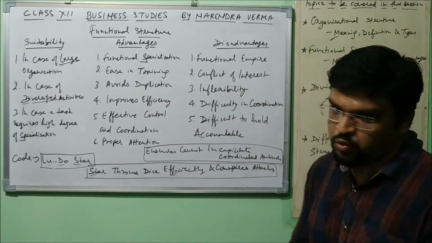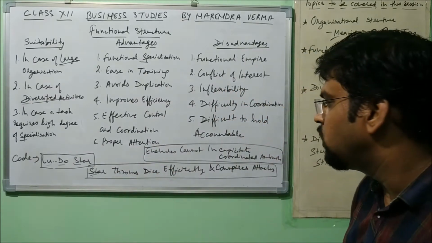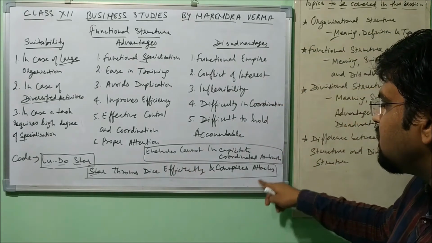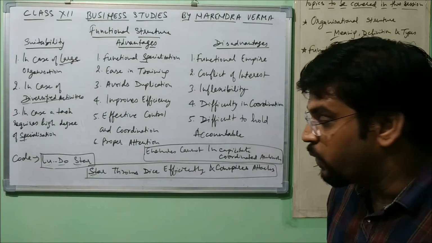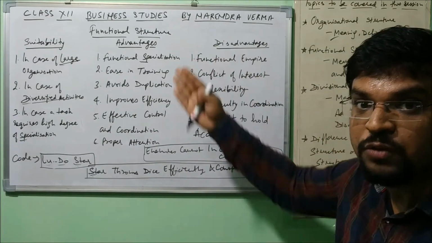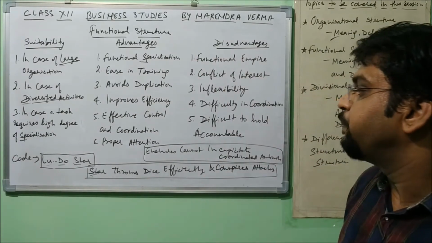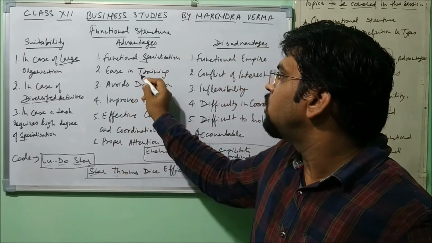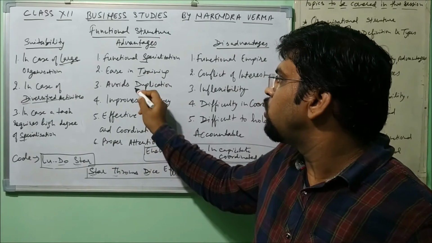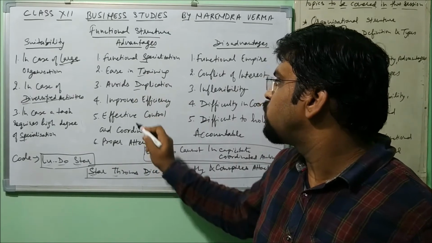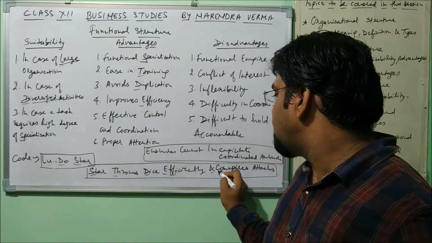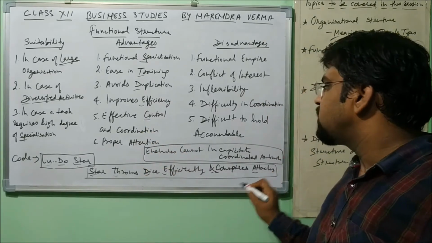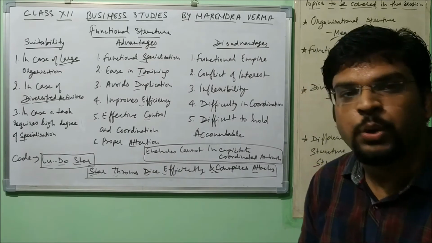Star throws dice. We know that in the game of Ludo, dice is thrown. Star throws dice efficiently and conspires attacks, right? When it needs to beat the pieces of the another opponent. So S again stands for specialization, T stands for training, D stands for duplication, E stands for efficiency, and C stands for control and coordination, and A stands for attention, right?